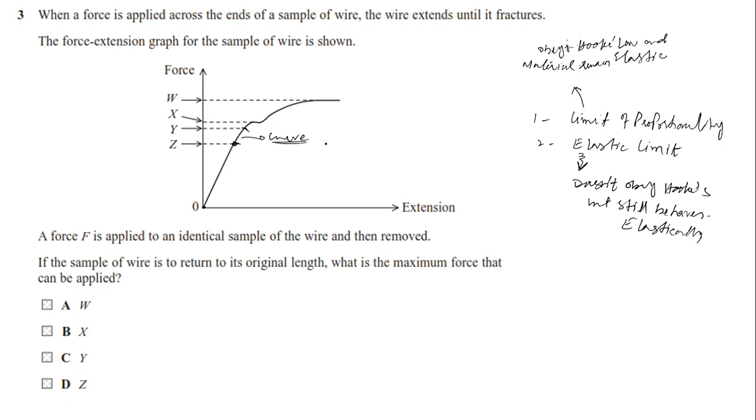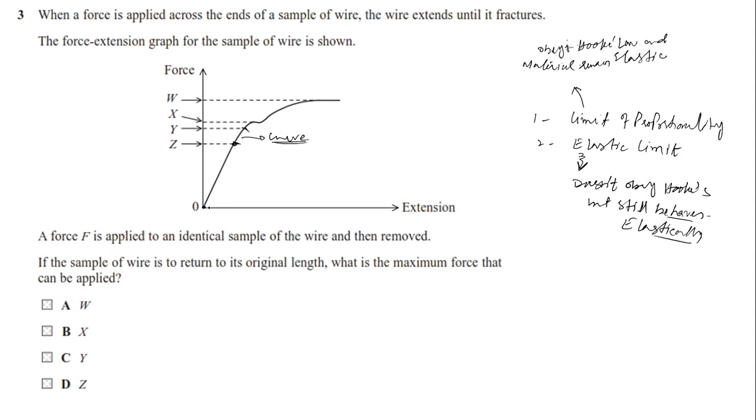This curve is showing that the material is not obeying Hooke's law because the gradient is not constant. But in this small interval, the material still behaves elastically. So if you remove the force, even in this interval, it will return to the original shape.